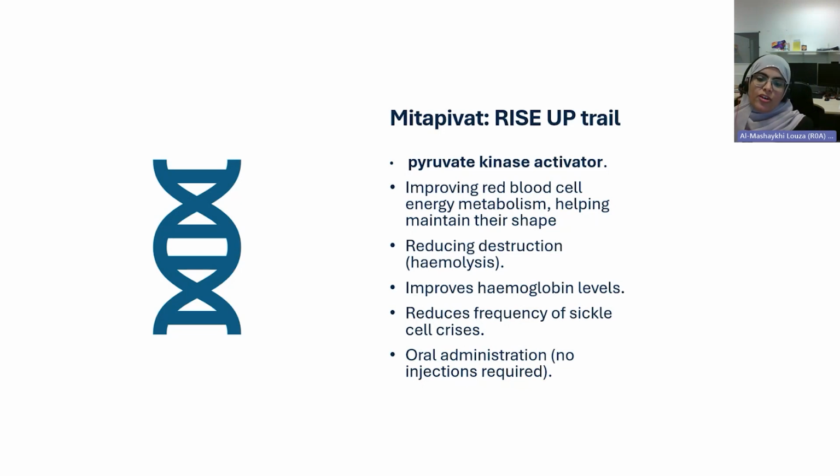It improves the red cells' energy metabolism and helps maintain their shape, and it reduces destruction. So by that, it reduces hemolysis, improves the hemoglobin level, and reduces frequency of sickle crisis. And it's usually given orally as a twice-a-day dose. Next slide.